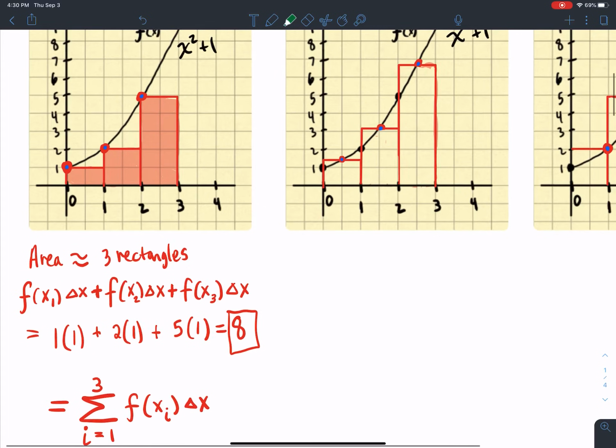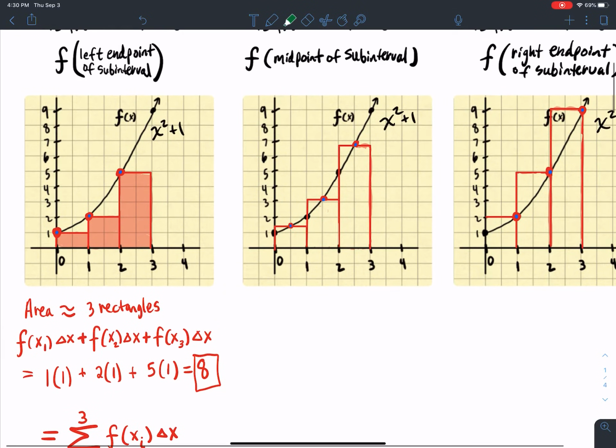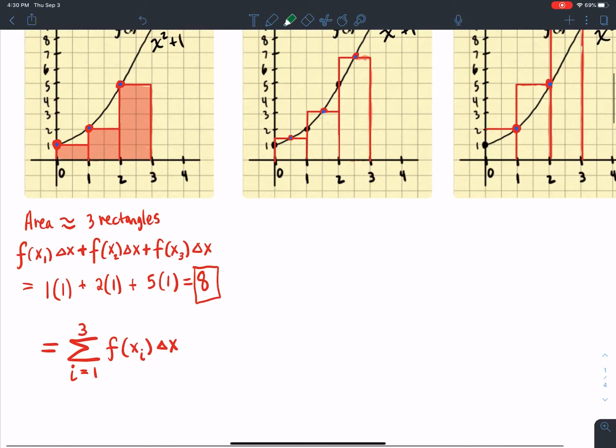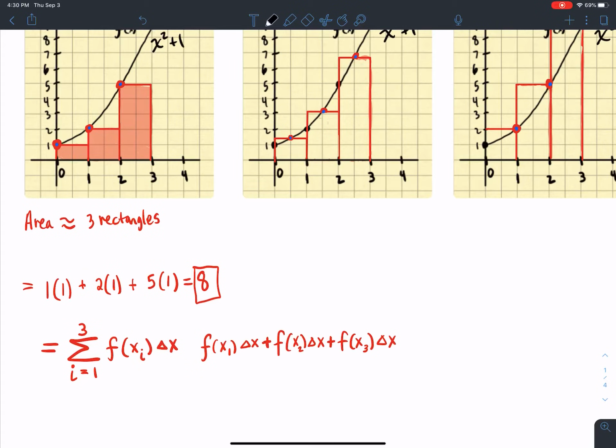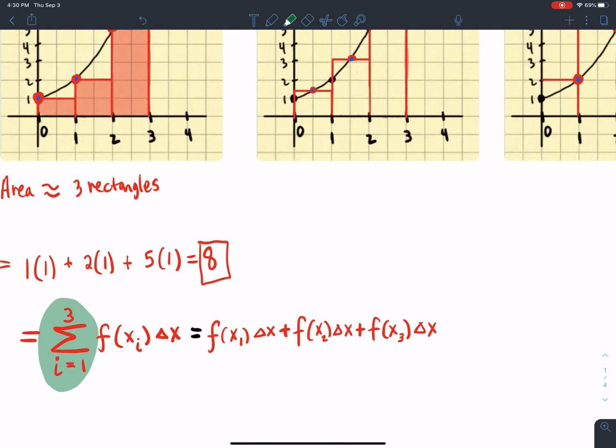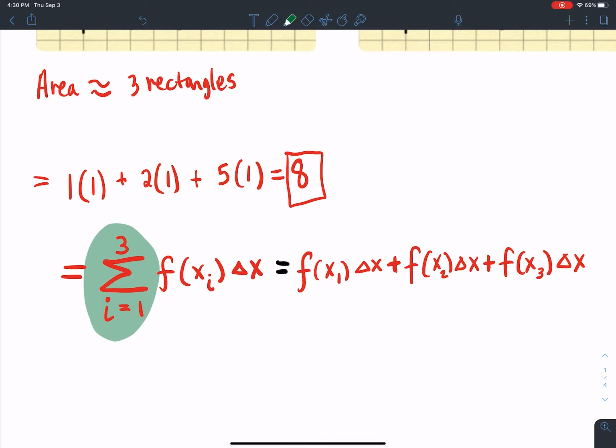Okay? So in general, the left-handed rule for subintervals, if I take i equal to 1 and go up to 3, then I sum these values here. So literally what this is saying is that this is equal to that right there. This is a fancy way to say add a finite list of things, starting with i equal to 1.